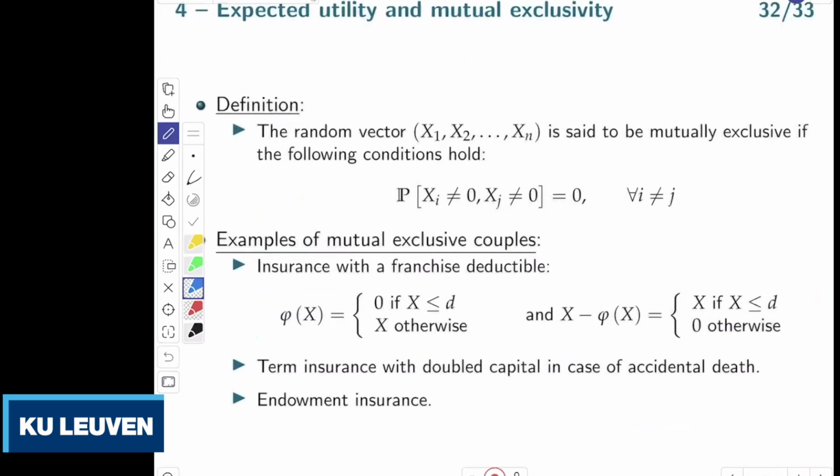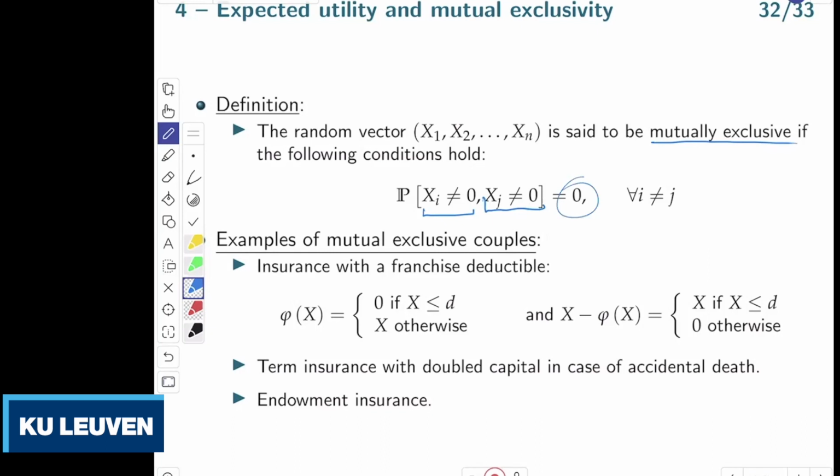Another situation could be where they are what we call mutually exclusive. What does it mean? It means that if you look at the probability that I have a positive loss on one random variable and a positive loss on the other random variable, that event occurs with probability 0.